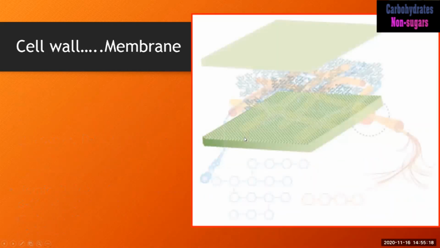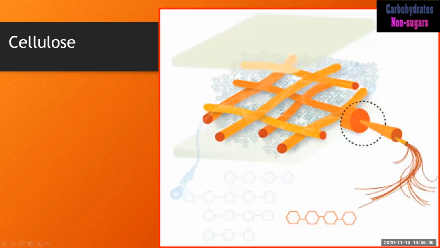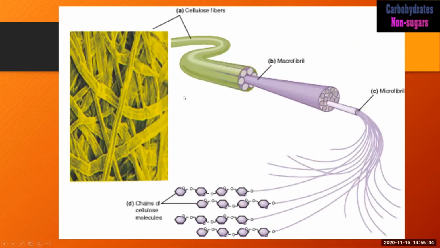Here you can see the structure of the cell membrane. These are the different layers. Within this, there is cellulose, glucose molecules linked together through beta-1,4 linkage.